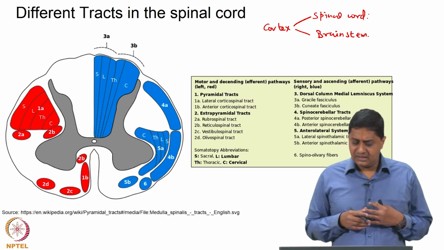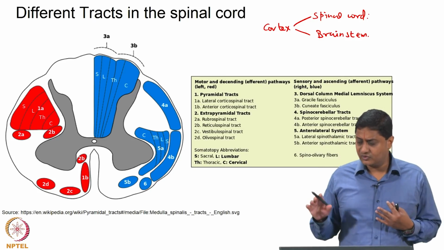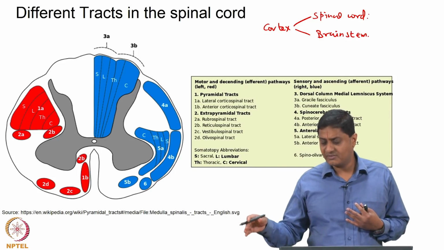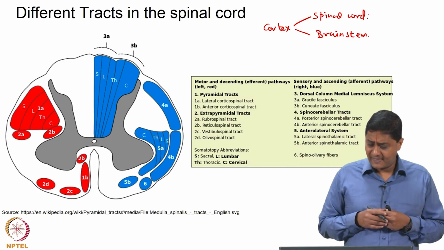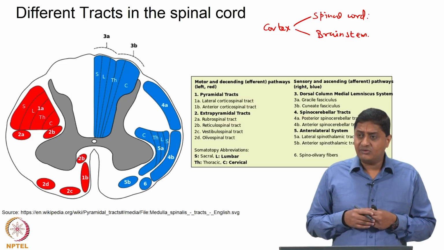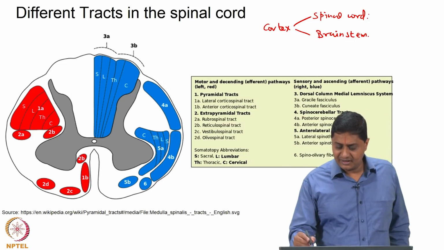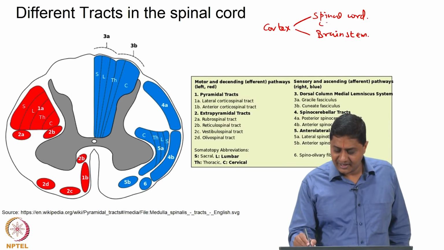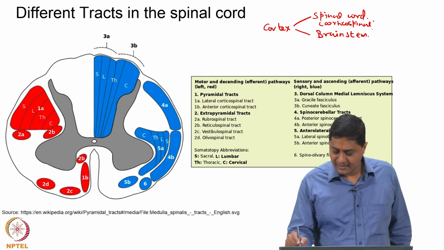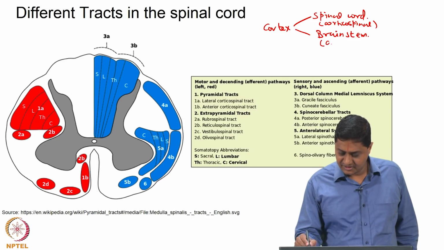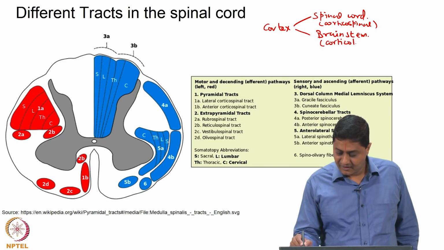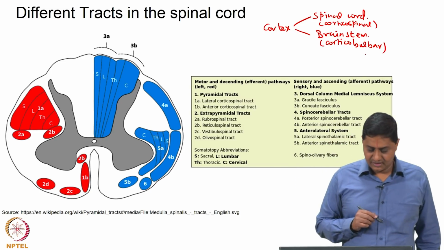In general, all these tracts together, those that project both to the brainstem and to the spinal cord, are called the pyramidal tract, and that which projects only to the spinal cord is called the corticospinal tract. I am going to talk about that in a bit, and that which projects to the brainstem is called the corticobulbar tract.